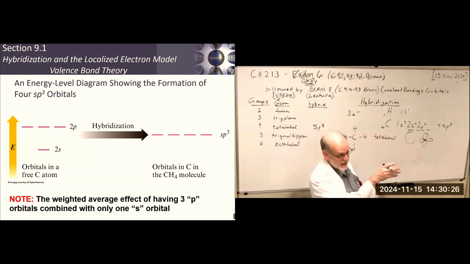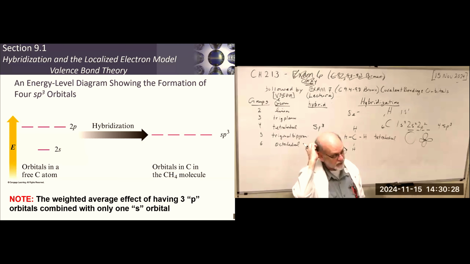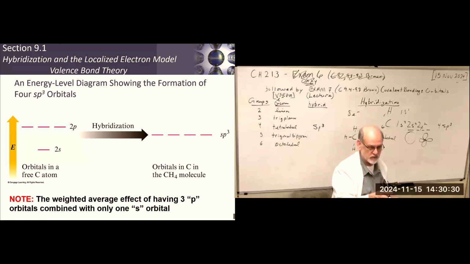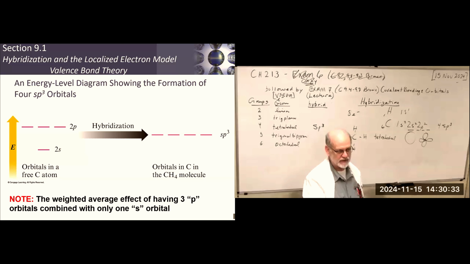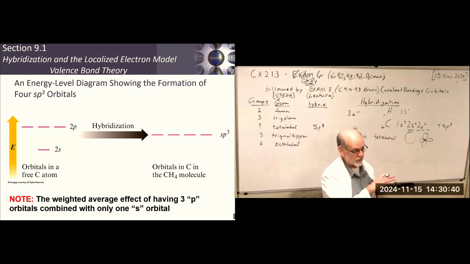When we hybridize, the p orbitals are a little bit higher in energy than the s orbitals because the s orbitals have that penetration effect, so they're lower in energy. And when we hybridize all of them, you get 3 p's versus 1 s. So the energy level of the new sp3 hybrid orbitals is about 75% of the way from the s to the p, right? Because 3 divided by 4 is 75%.